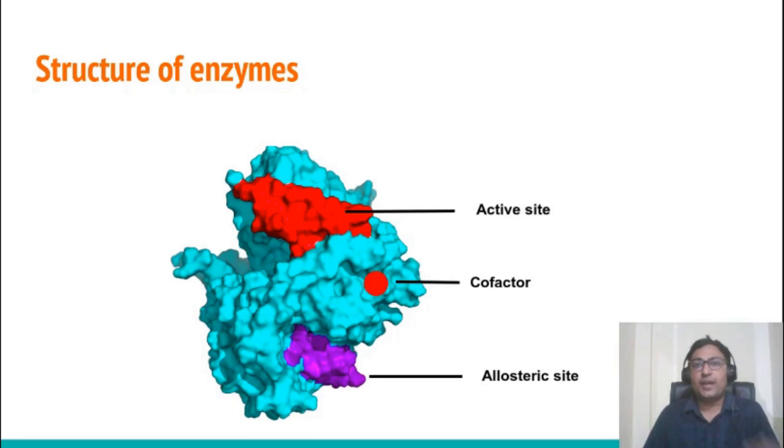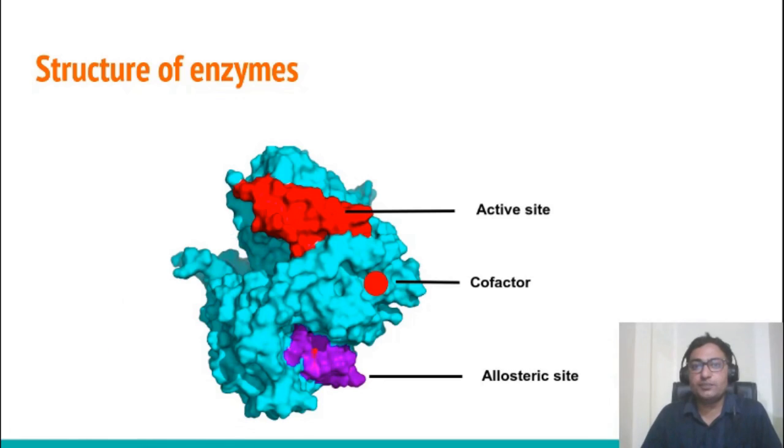Sometimes binding of a specific activator increases the rate of reaction or specificity of the enzyme 1,000 times, whereas sometimes, if an allosteric regulator binds with the allosteric site, it may reduce the enzyme activity.